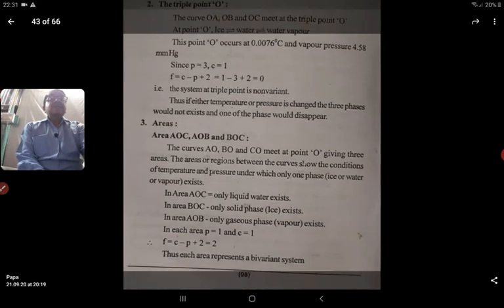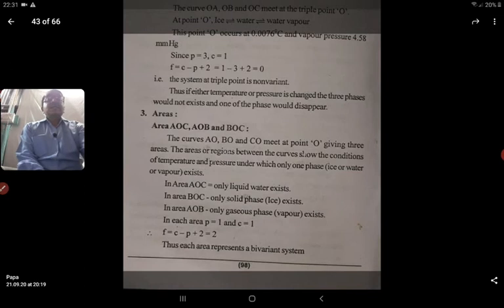Now, let us consider the different areas: area AOC, area AOB and area BOC. These are the 3 areas in the graph shown for the 1 component system. The curves AO, BO and CO meet at point O, giving 3 areas.